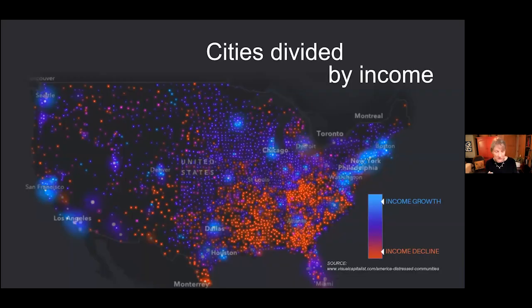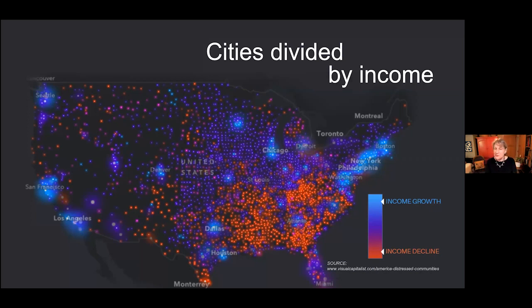Let me show you this stark map, which is from the Economic Innovation Group, John Latari. This looks at a 10-year period from 2007 to 2016. We can see that there are certain areas of the country where we've had income growth, and these are predominantly large cities on the coasts.